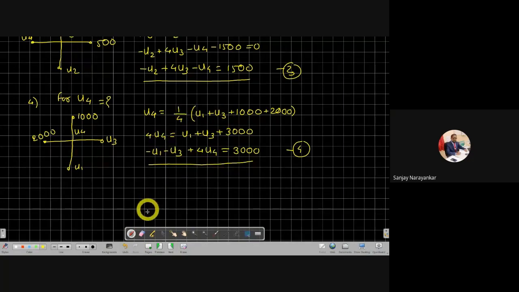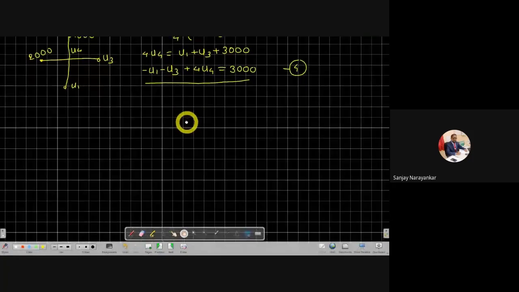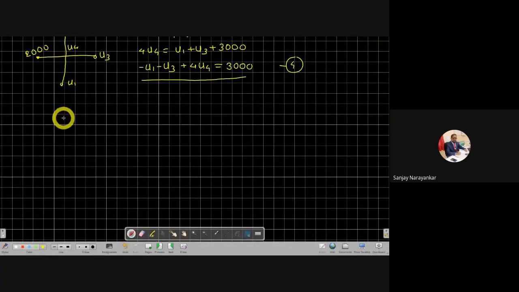I'll collect all these 4 equations. I'll try to write for U1, U2, U3, U4. Okay, these are the 4 equations. So let us write the 4 simultaneous equations.